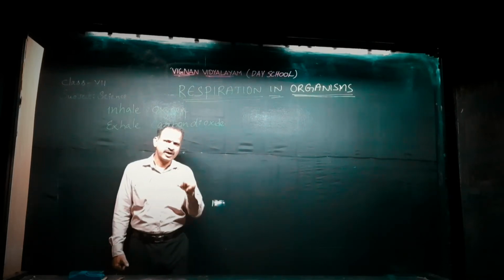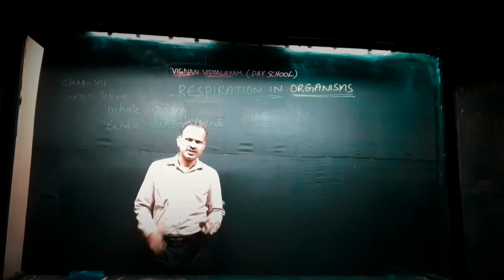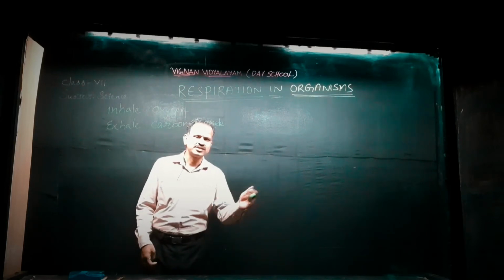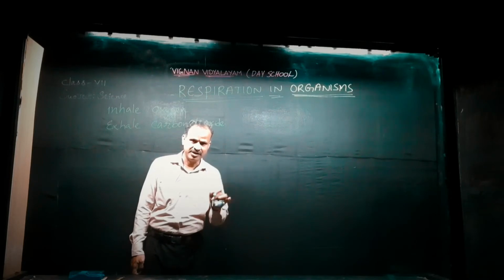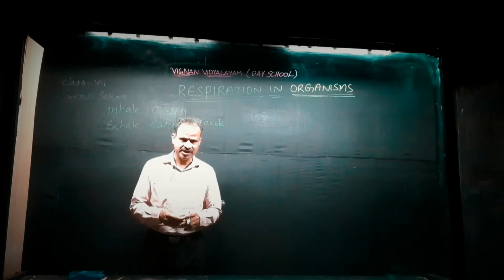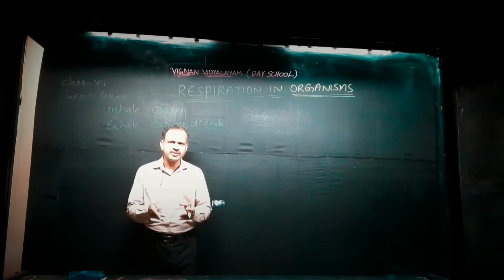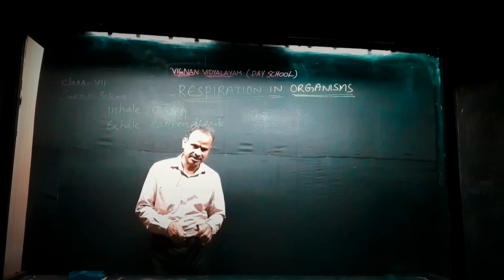Just now I said this oxygen molecule splits the food material and releases energy in the cell. That means during respiration we inhale air. What is meant by air? Air is a mixture of several gases.